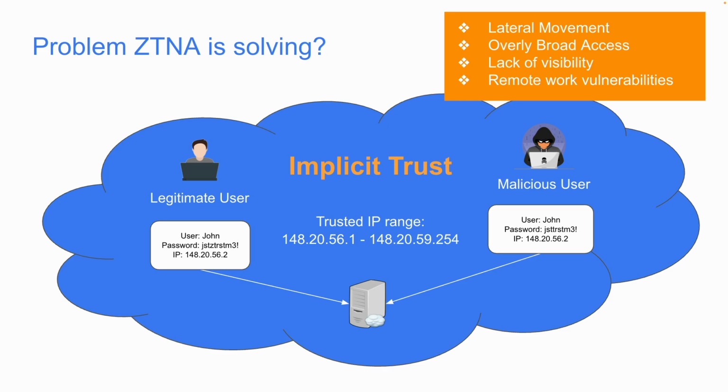As we can see in our example, implicit trust is being used to grant users access to the server where all the sensitive information is present. This approach only requires that the user's traffic originates from a trusted IP range, nothing more. This makes it easy for an attacker to impersonate legitimate users and gain unauthorized access to sensitive data.